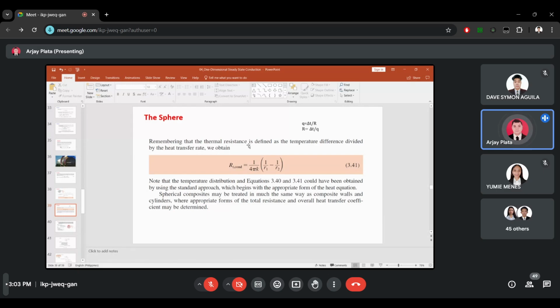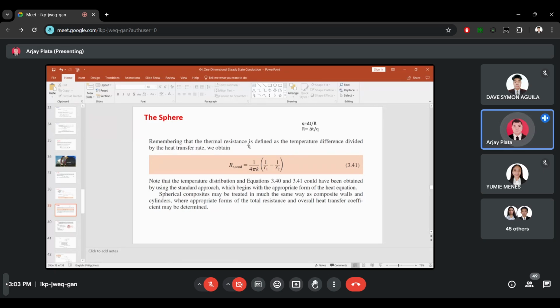Note that the temperature distribution and the equations 3.4 and 3.41 could have been obtained by using the standard approach, which begins with the appropriate form of the heat equation. Spherical composites may be treated in much the same way as composite walls and cylinders, where appropriate forms of the total resistance and overall heat transfer coefficient may be determined.